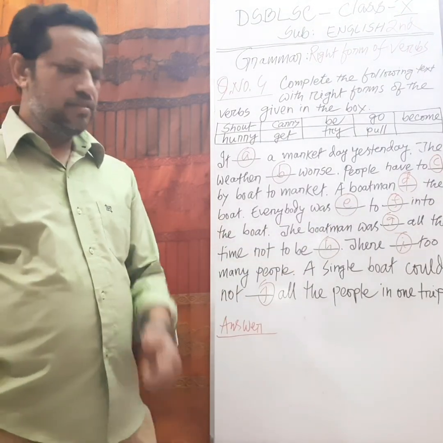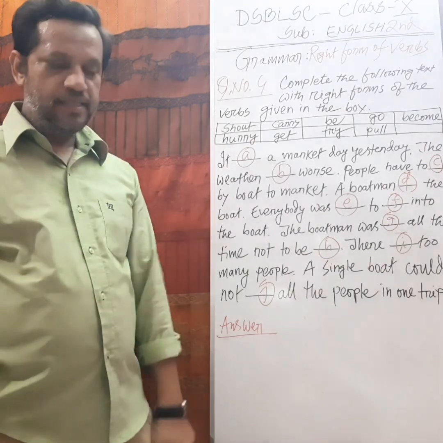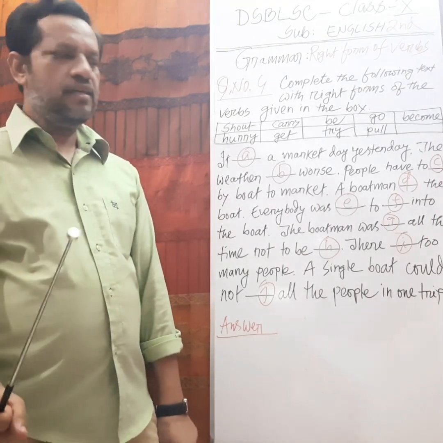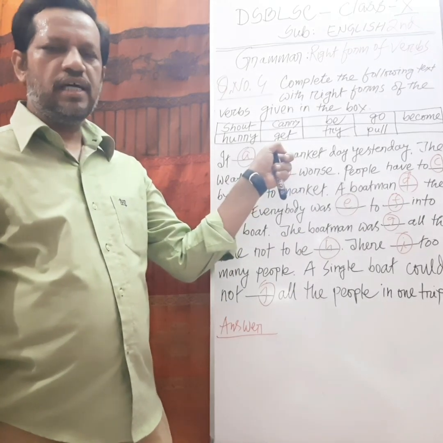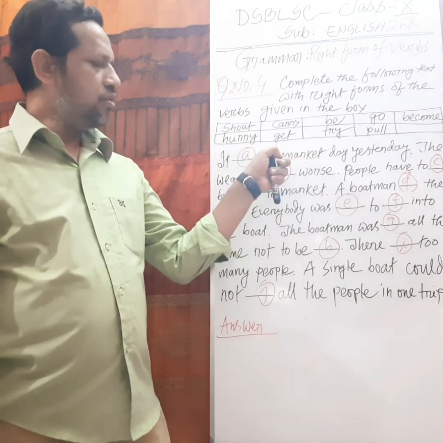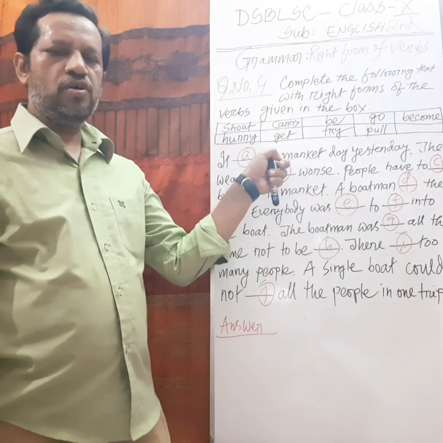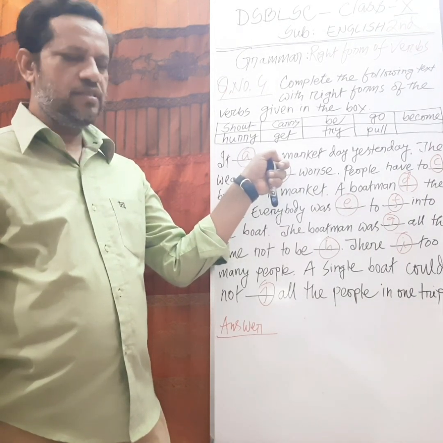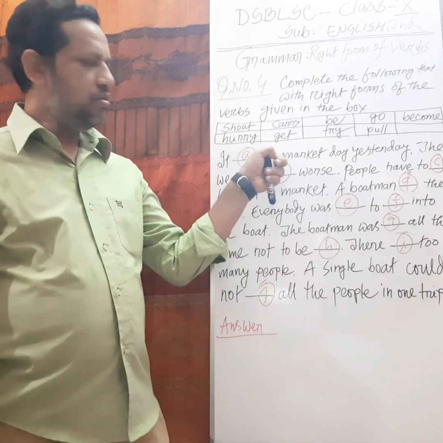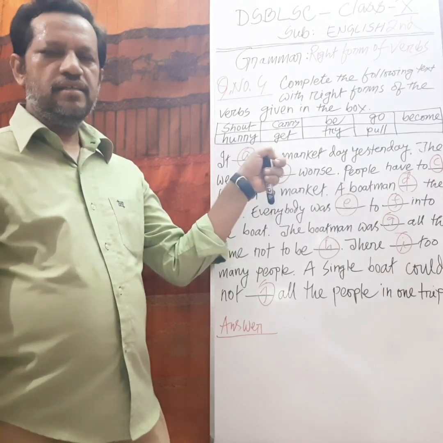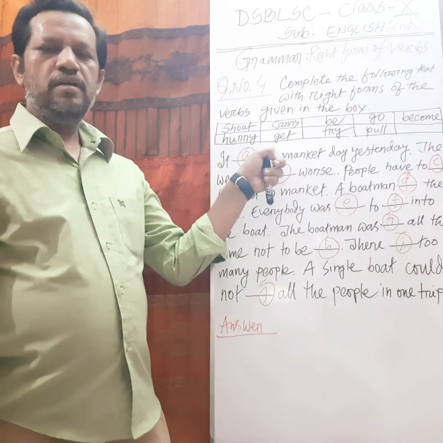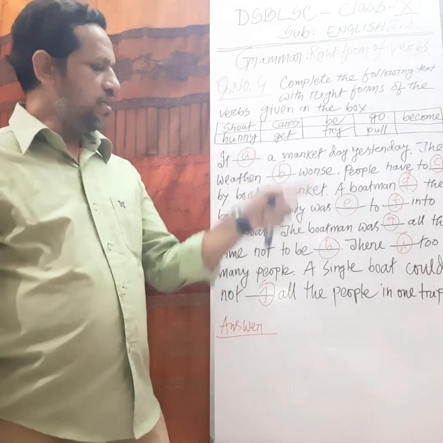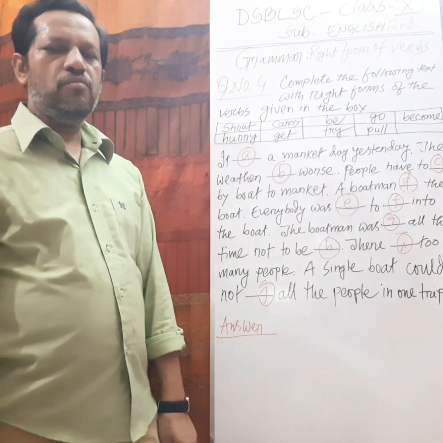So, my dear students, we can see that when we use the verb, we have to think about the tense and also some rules for right form of verbs. I have told you earlier that this year right form of verbs has 10 marks. That's why you have to be more careful.